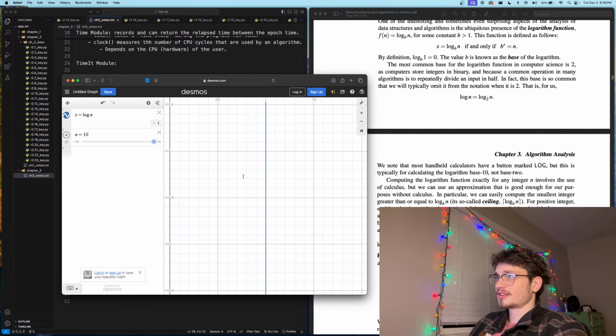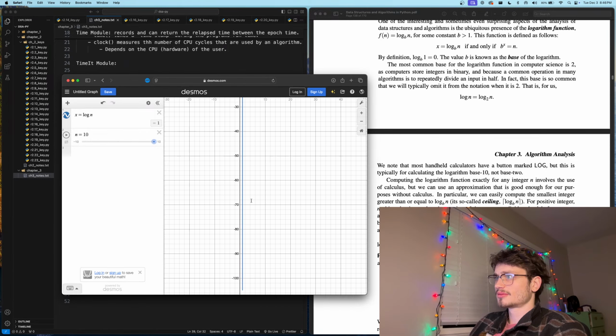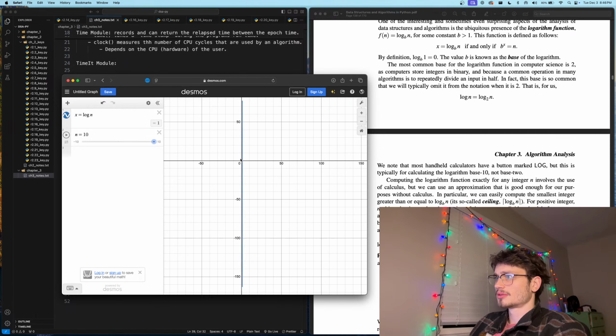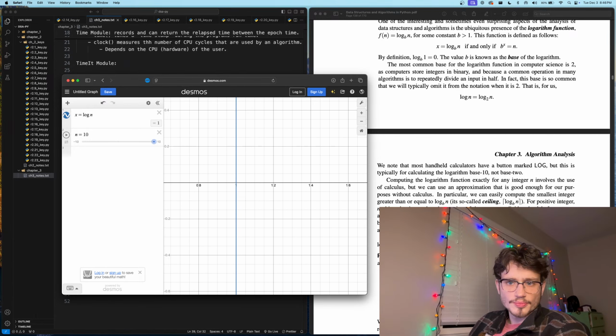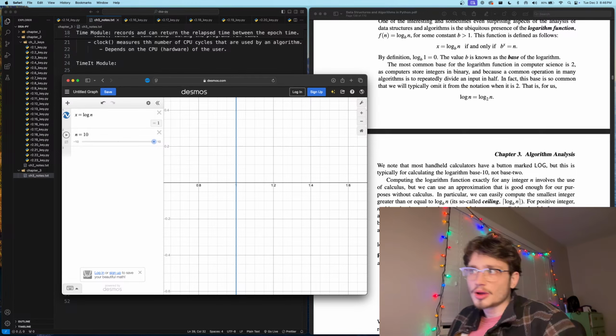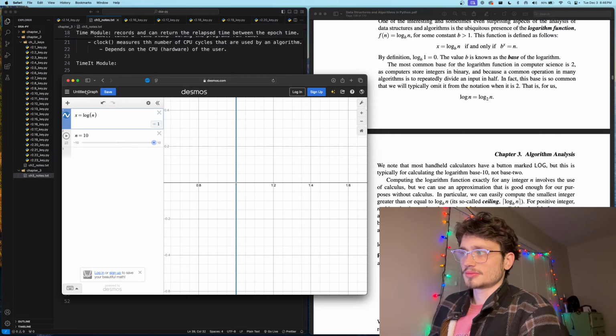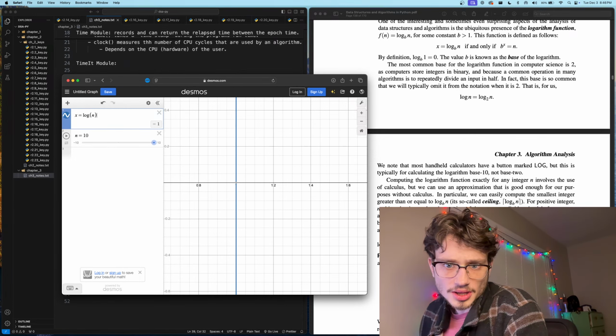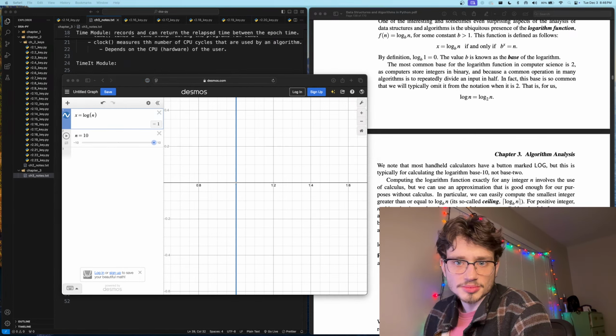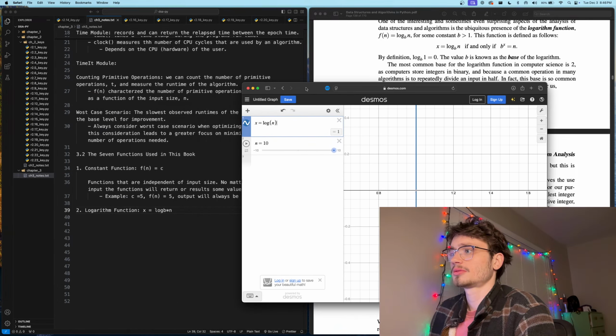Did I type this incorrectly? Okay, do we need to do log event? No, it does the same thing. Subscript, underscore.